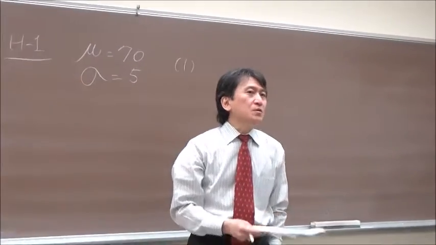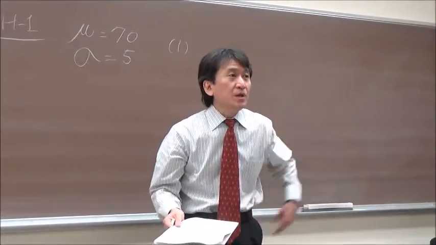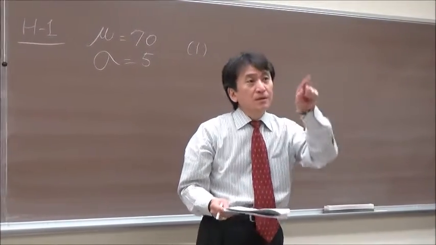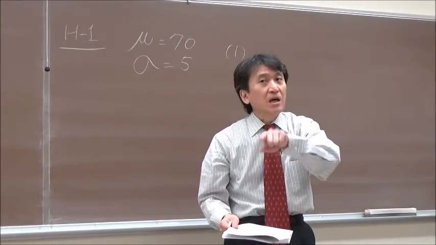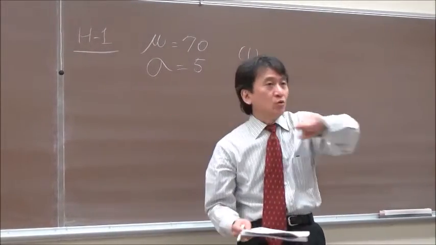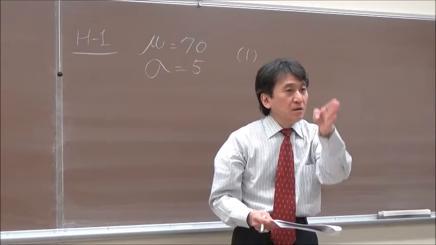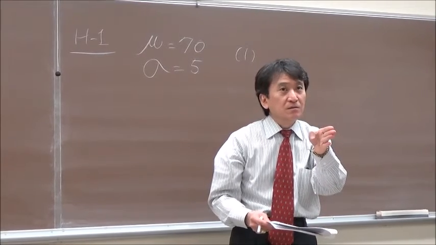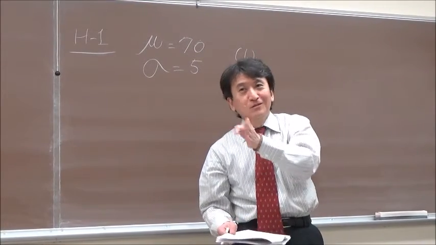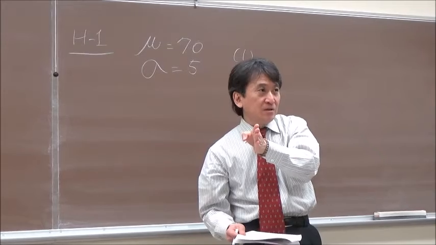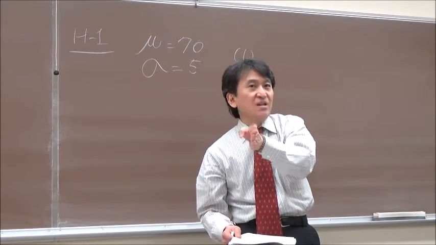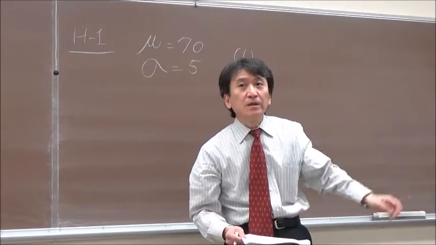One of the things I don't want you guys to do is to calibrate the normal curve. Like, the mean is 70, so one standard deviation above it is 75, and then 80. I don't want you guys to do that.